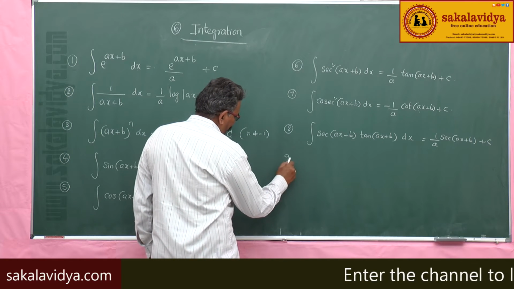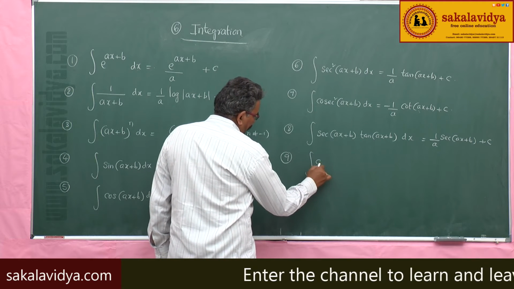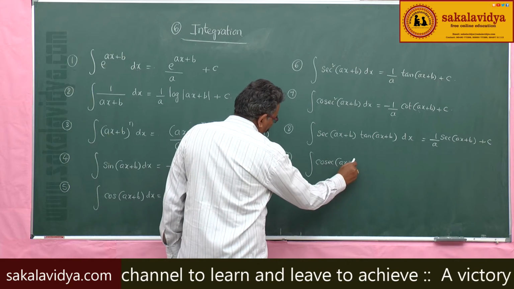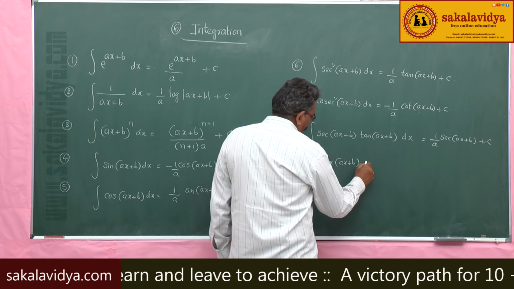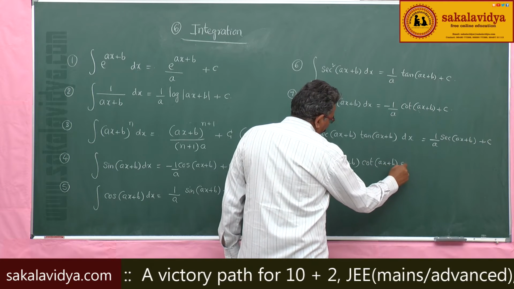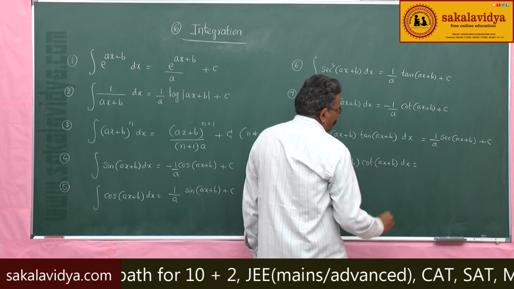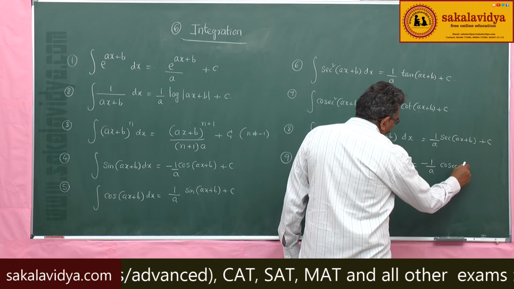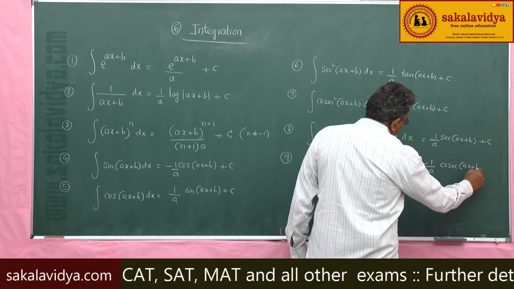Next, integral of cosecant of ax plus b cot of ax plus b dx. This is equal to minus 1 by a cosecant of ax plus b plus c.